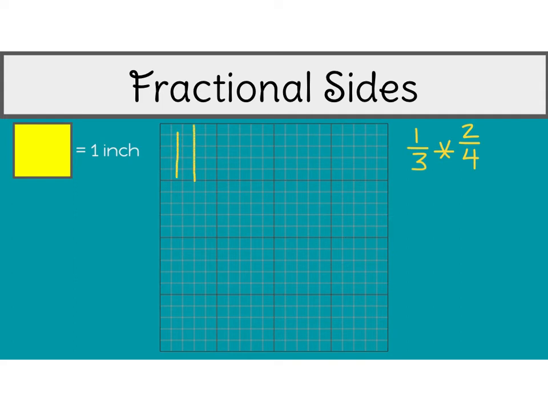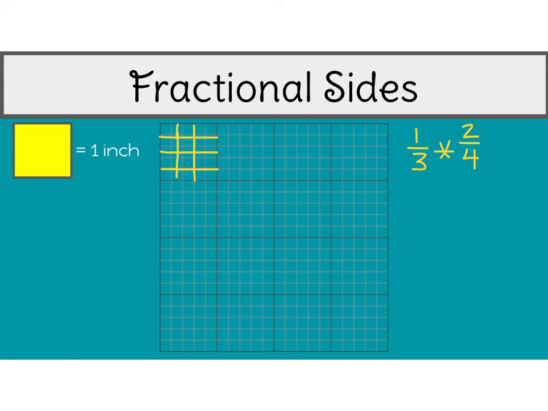Then I'm going to go the other direction and divide it into fourths, since my other factor has 4 as the denominator. So I'll make that in half and then divide each of the halves.